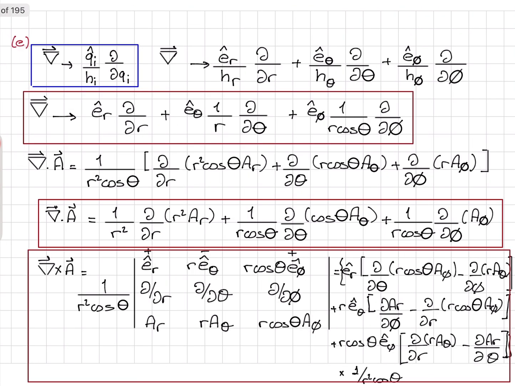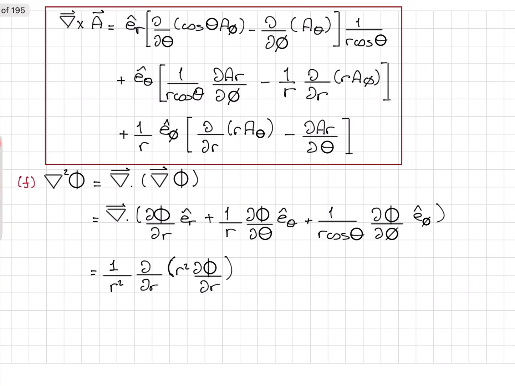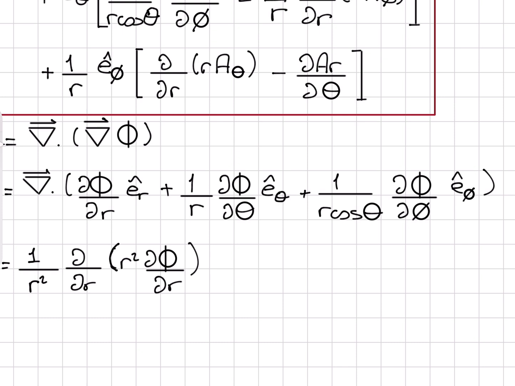Next term, 1 over r cosine theta del del theta of cosine theta times A_theta. So we have A_theta is equal to 1 over r del phi del theta. We already had 1 over r cosine theta, so this becomes 1 over r squared cosine theta.